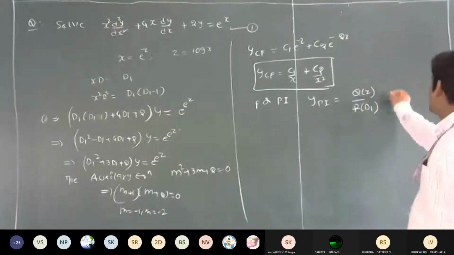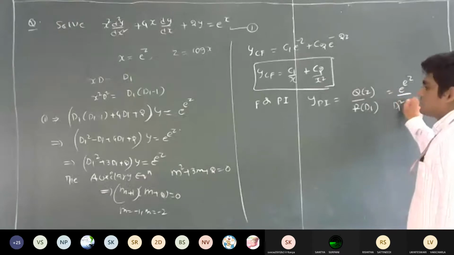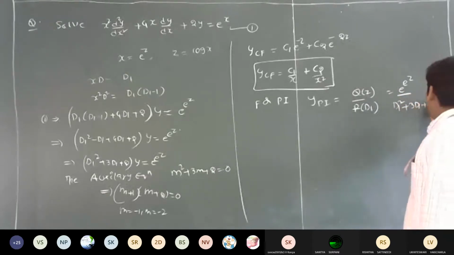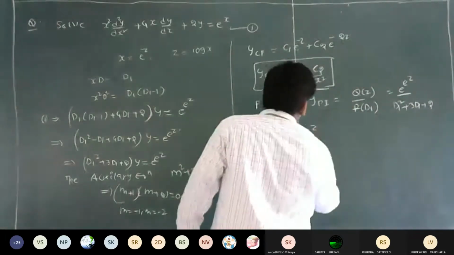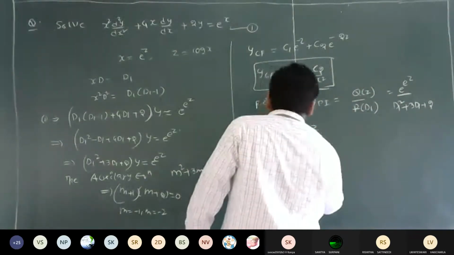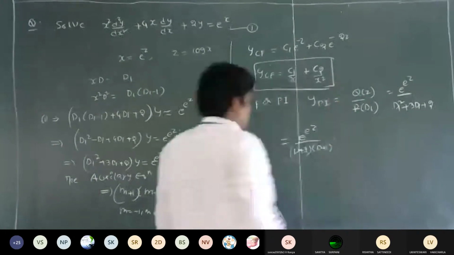So q of z, that is e power z by d1 square plus 3d1 plus 2, which is e power z by d plus 2 into d plus 1.